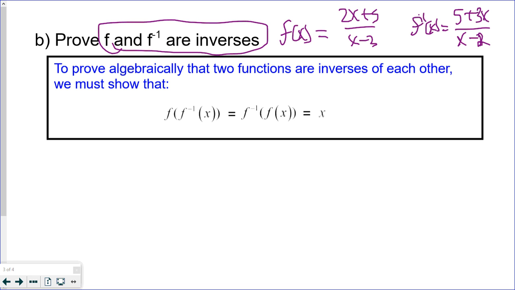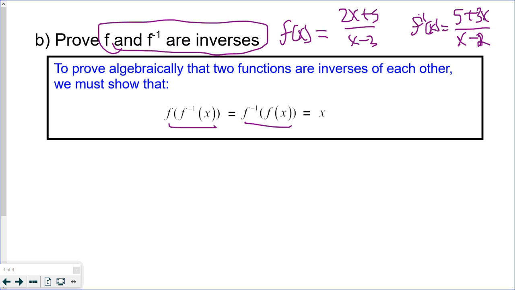So again, it's terrible handwriting, I know, but there's the original function and the inverse function. So if I want to show that one is the inverse of the other and vice versa, we have to do both function compositions. So let's do it.